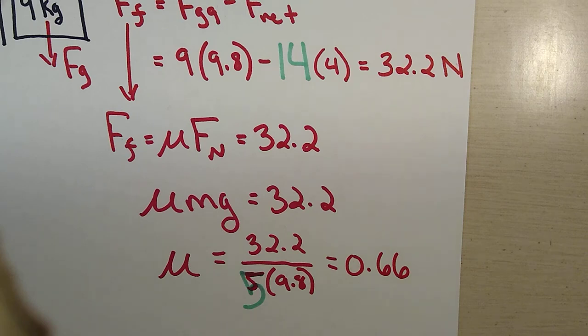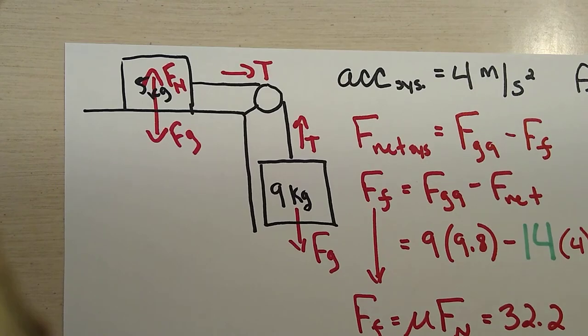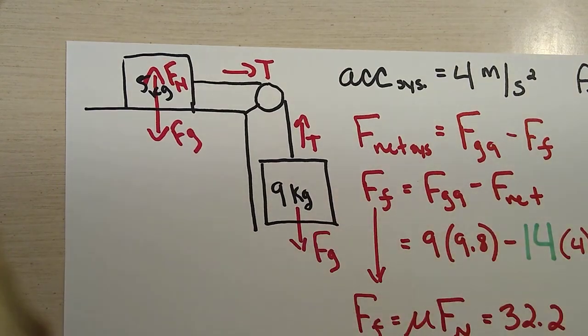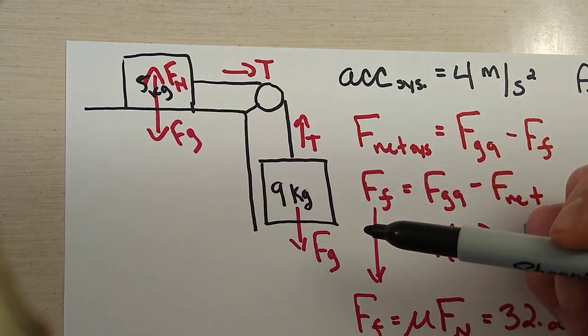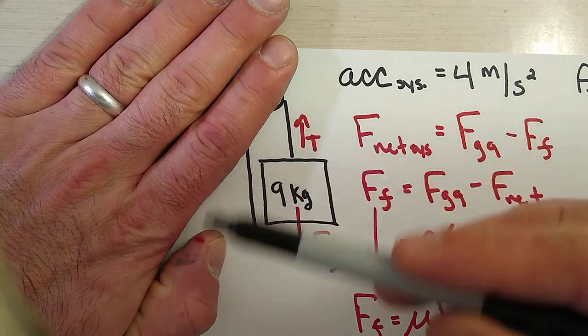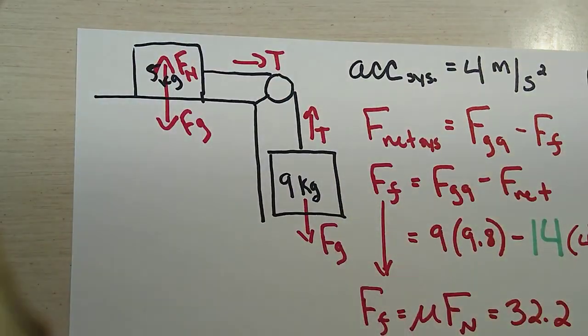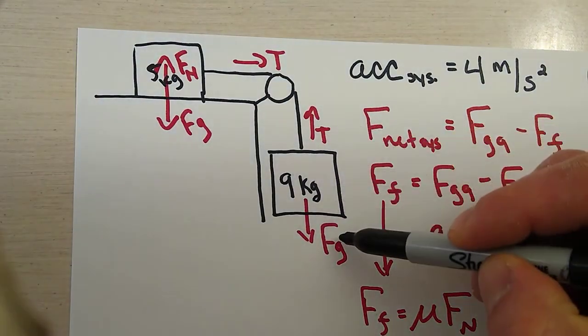We're not done yet. We now want to find out what the tension force is, okay? Now, we could have done this right from the get-go since we already knew the acceleration of the system and thus the acceleration of each individual object, right? So let's just take this guy here and solve for the tension force. When we don't look at a 2-body system, but just a 1-body system, we'll take a look at the forces acting on it.